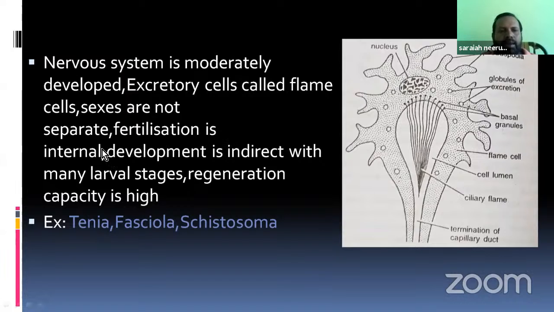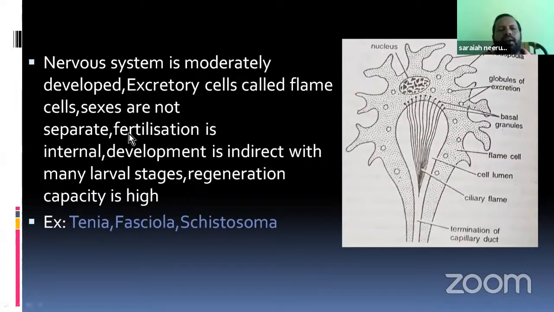Fertilization is internal. Internal fertilization means the union of egg cells and sperm during sexual reproduction takes place inside the female body, with the male's sperm inside the female reproductive tract.